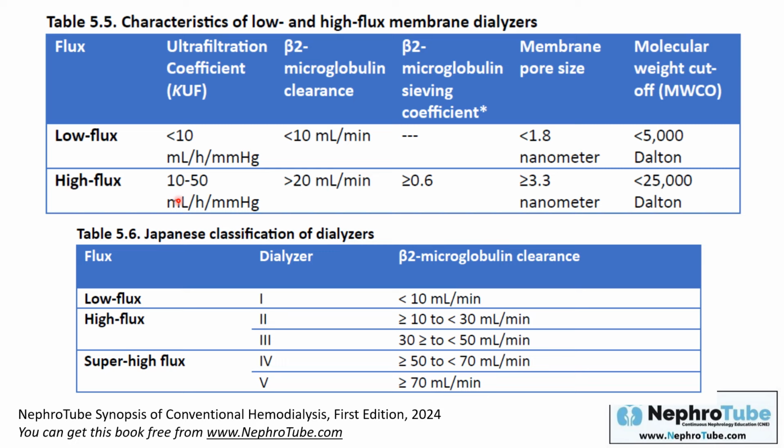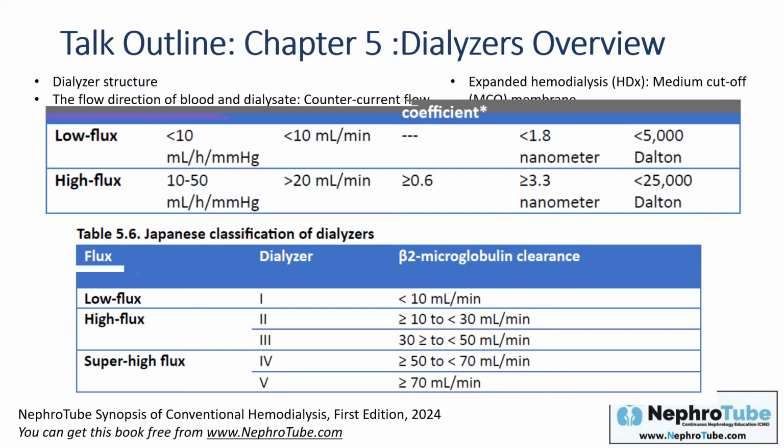That's why here I mentioned 10 to 50, and I want you also to know that beta-2 microglobulin clearance may be 10 to 50 in high flux dialyzers according to the Japanese classification. Super high flux dialyzers are type 4 and type 5. Type 4 is from 50 to 70, and type 5 is more than 70 ml per minute for beta-2 microglobulin clearance.